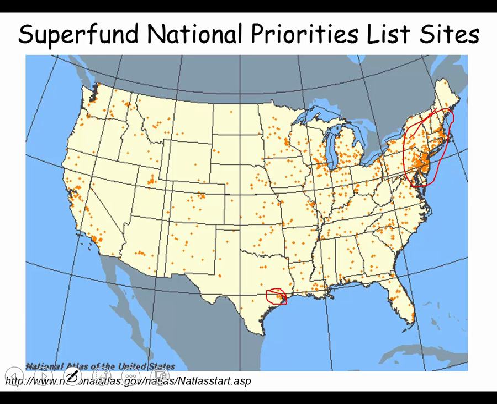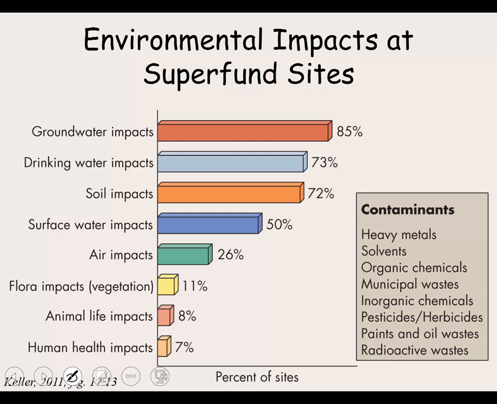And the biggest problem is just containing them, much less dealing with remediation. So it's mainly groundwater impact, drinking water and soil, and even surface water impact, huge, and even air impact and human health impact. So these are extremely contaminated sites, from heavy metals to radioactive waste.